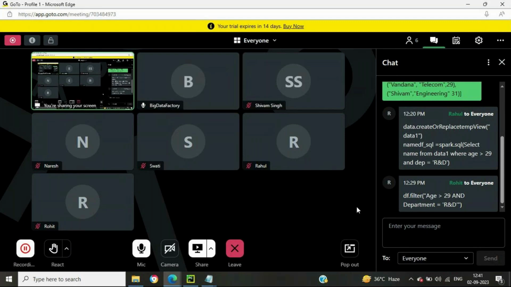So what will be the standard write API to write this data frame on disk?